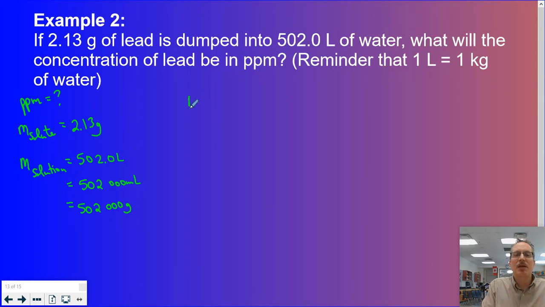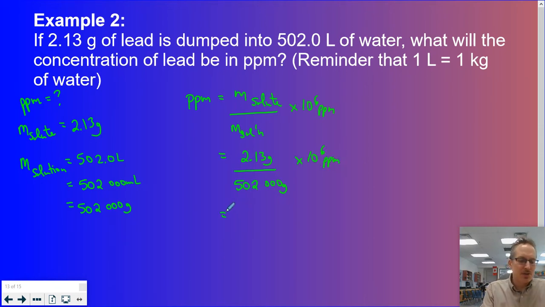So our formula, ppm equals mass of solute over mass of solution times 10 to the 6 ppm. My mass of solute is 2.13 grams. My mass of solution is 502,000 grams, 10 to the 6 ppm.